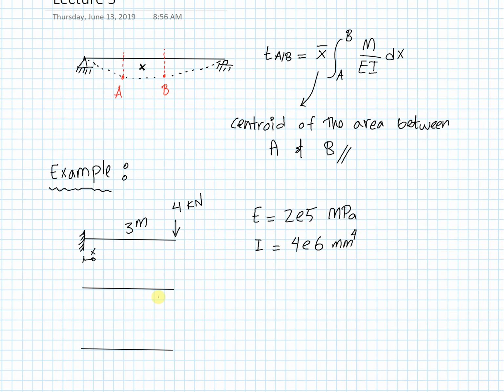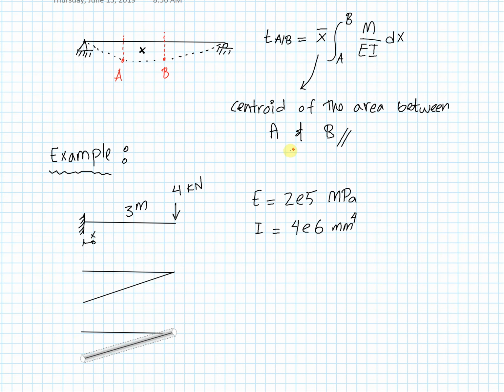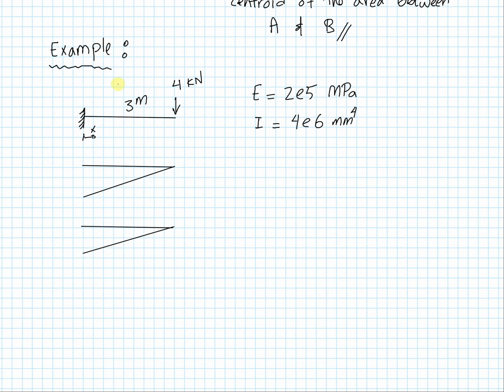The first thing I need to do is to figure out what my bending moment looks like. Again, because we're dealing with point loads, our bending moments are going to be triangular in nature, somewhat like that. If I'm drawing the BMD here, we'll have a magnitude of minus 12.